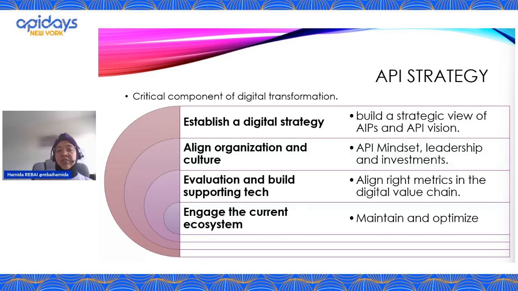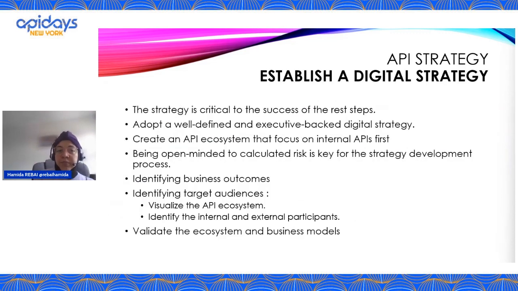Having a good strategy will help organizations build their own API program, and we need to establish a digital strategy in the beginning, which is one stage in the API strategy blueprint, because it's critical to the success of the rest. This step is really important because the strategy will morph over time.